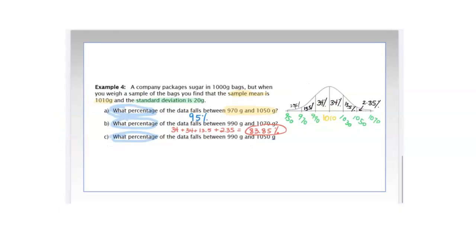All right, and our very last question. What percentage of the data falls between 990 grams and 1050 grams? 990 grams is located here, and 1050 grams is located here.